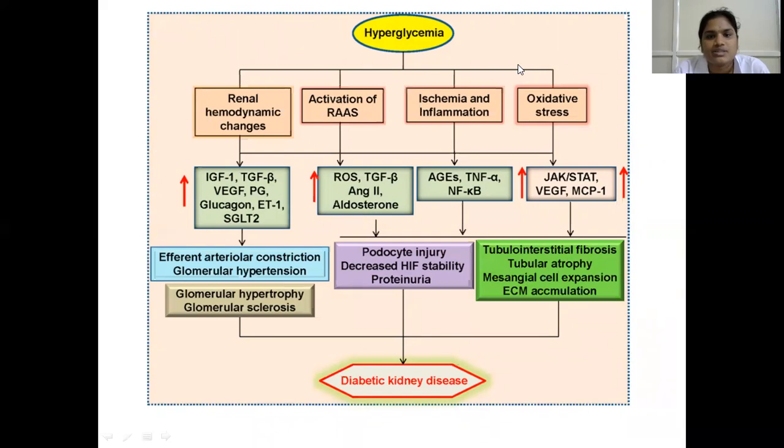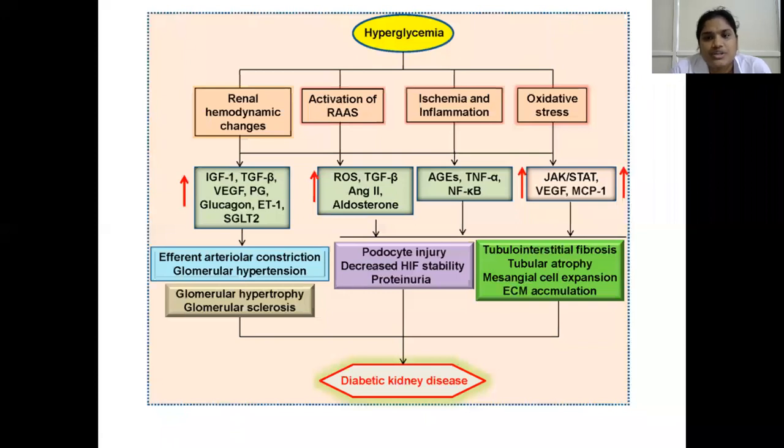So hyperglycemia leads to renal hemodynamic changes, leading to an increase of insulin growth factor 1, TGF beta, and vascular endothelial growth factor, and these lead to efferent arteriolar constriction and glomerular hypertension. It leads to glomerular hypertrophy and sclerosis.